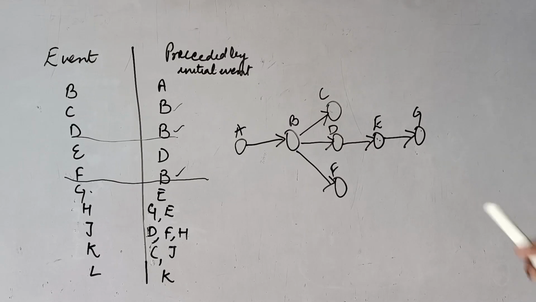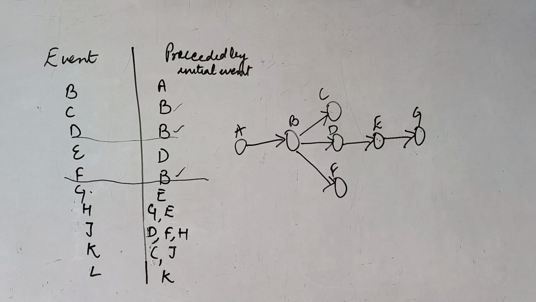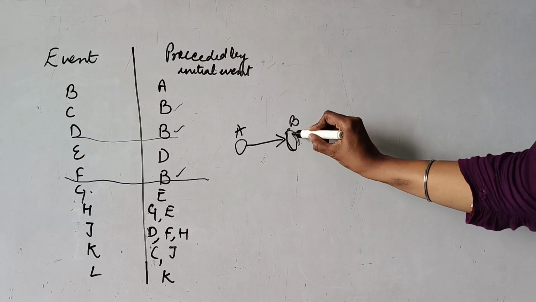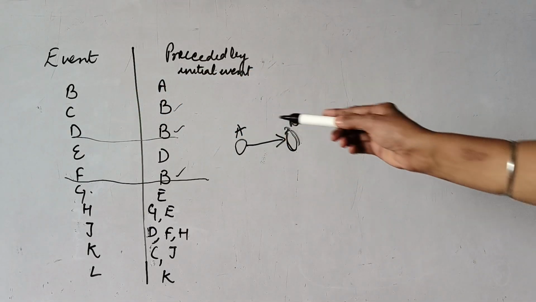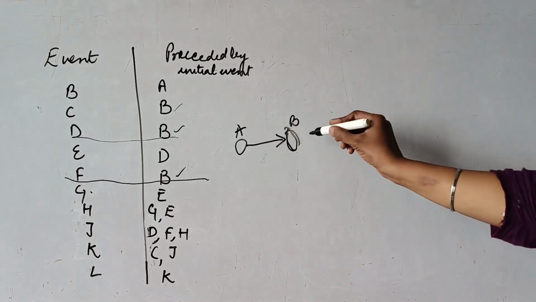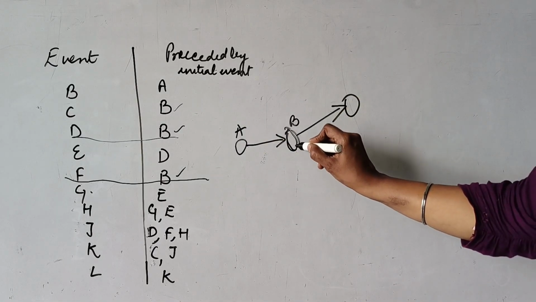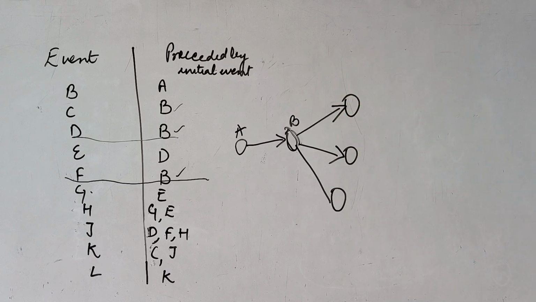So let us start proceeding from event D again. Coming again to the first point, it was B. B is having previous activity A, and from B, C, D and F were generating. So now I am making a little change. I am making 3 events as we have already done, C, D and F. They will be coming from here.